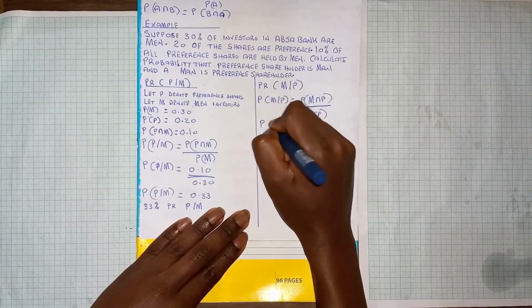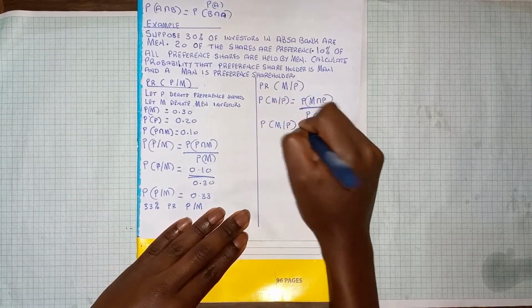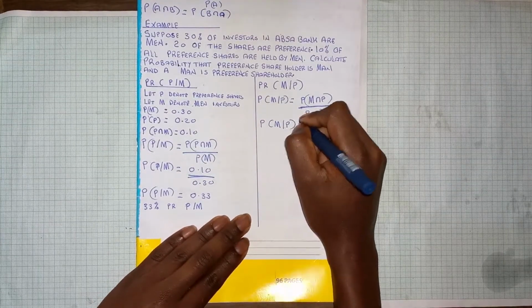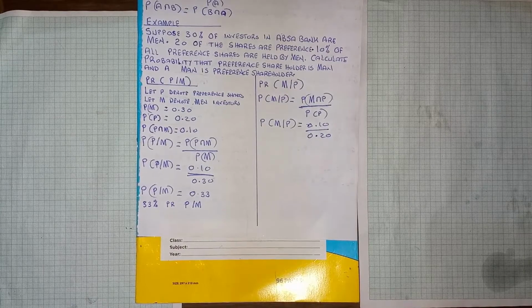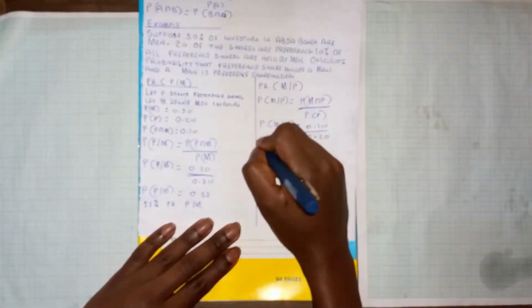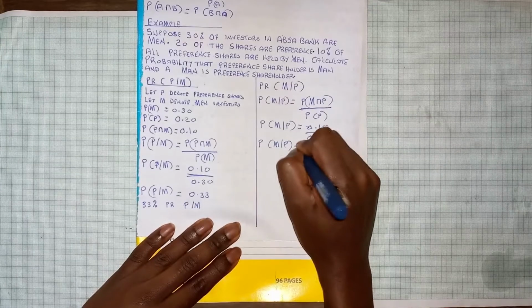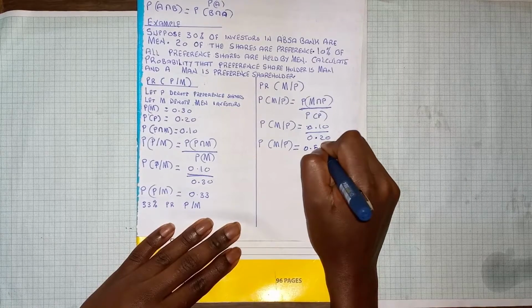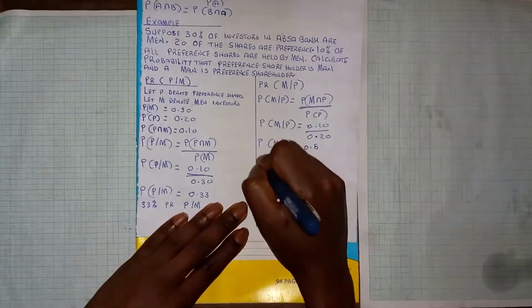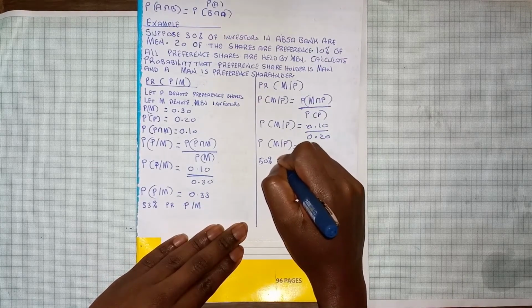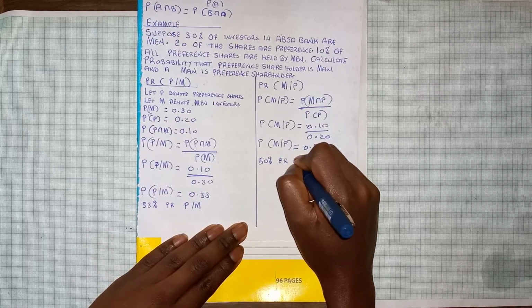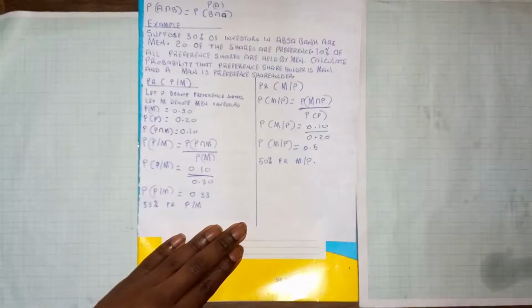So it is 0.10 divided by 0.20, which is 0.5. This tells us that 50% of the men, we have a 50% probability that men are preference shareholders.